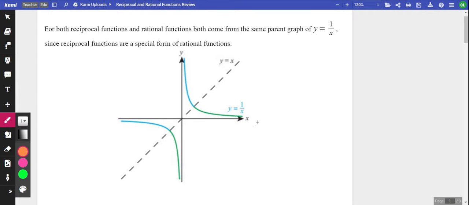So we have an asymptote of y equals 0 and another asymptote of x equals 0. Because our axes are our asymptotes, this parent function doesn't actually have any intercepts because we can't cross those axes. When we start moving them around, we'll start to see those intercepts showing up.